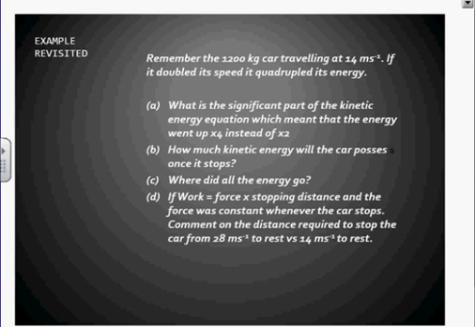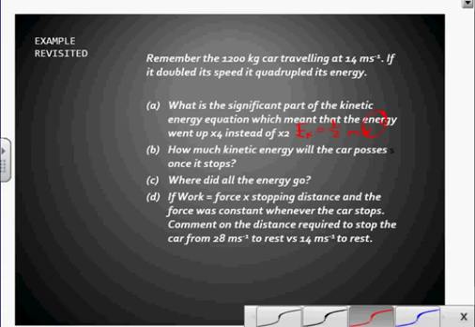So we had a question earlier about the 1200 kg car traveling at 40 meters per second. If it's doubled its speed, it's quadrupled its energy. We worked that out. What part of the equation is significant? Well, if you look at the kinetic energy formula, it's half mv squared. What's significant is that squared part.